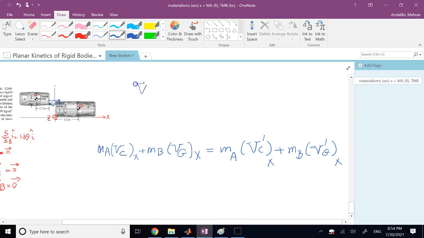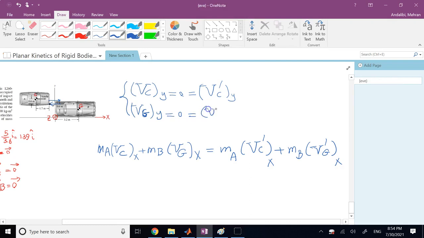So VC in the y direction was 0, and that is going to stay as V prime of C in the y direction. And similarly, VG in the y direction is the same as V prime G in the y direction, because none of the cars has any component along the y axis before impact.